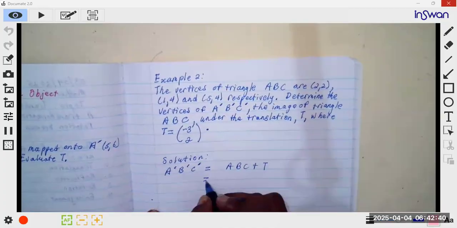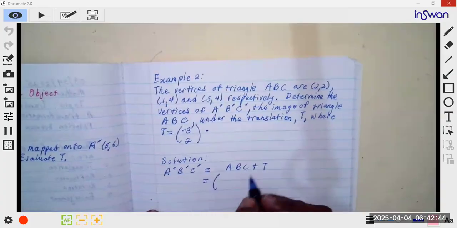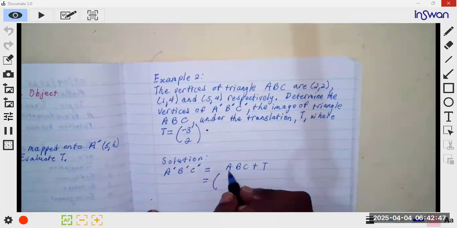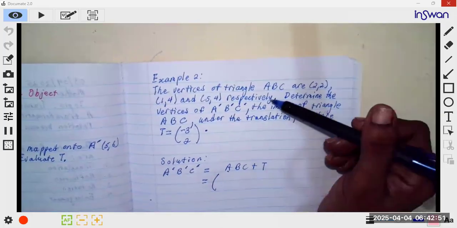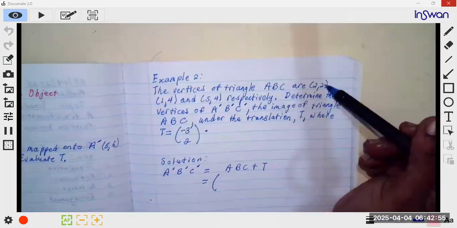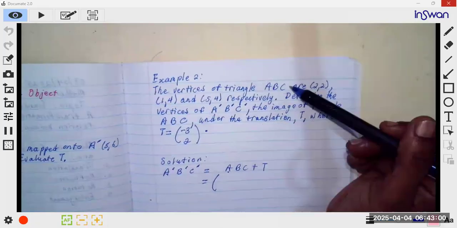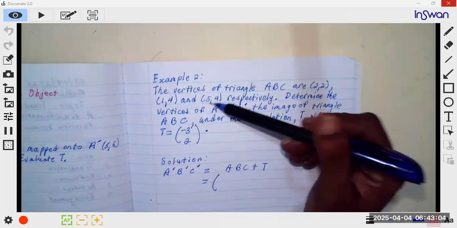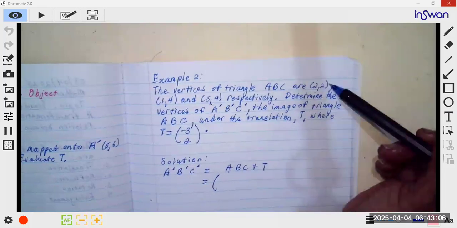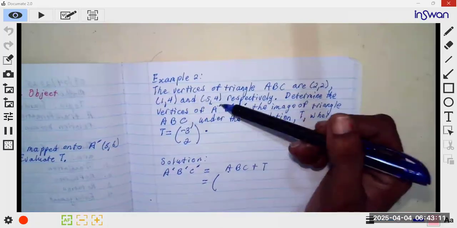So what is vector A? And I'm going to put it in this format. Vector A is equal to (2, 2). When they say respectively, they mean that vector A is (2, 2), vector B is (1, 4), and C is (5, 4).